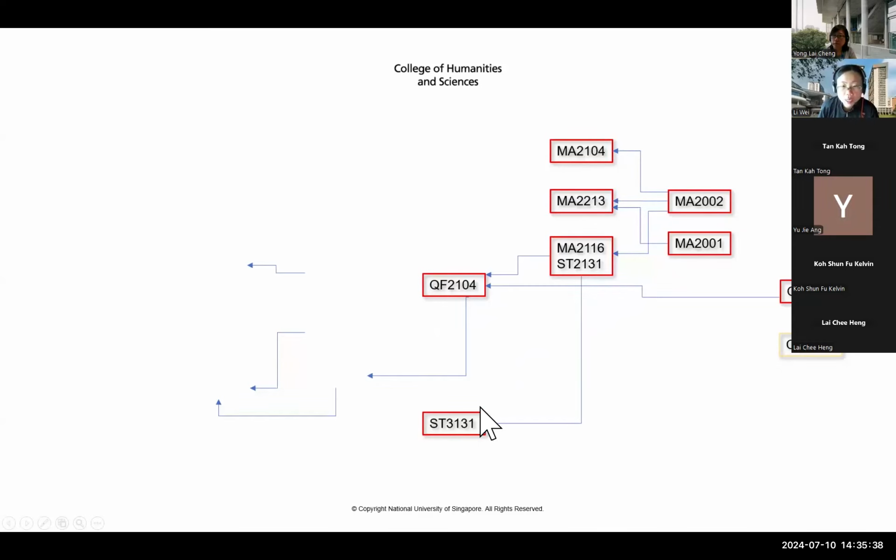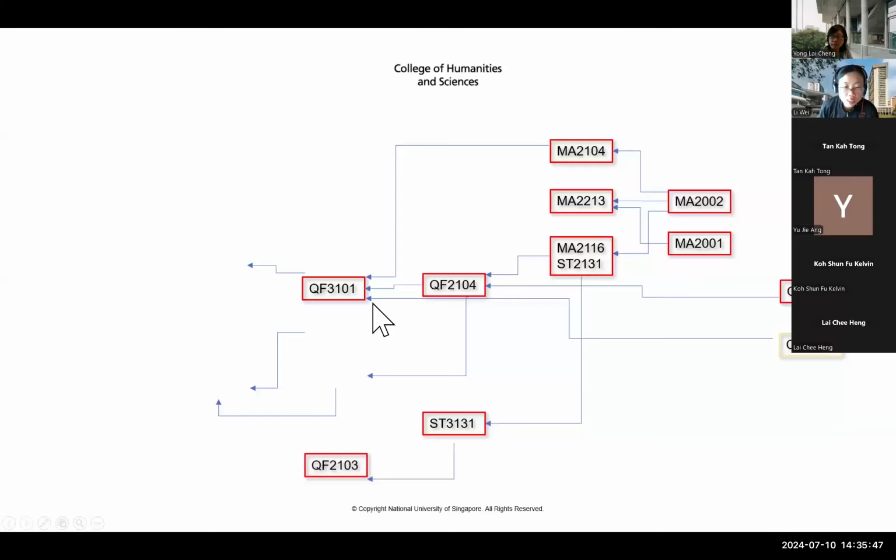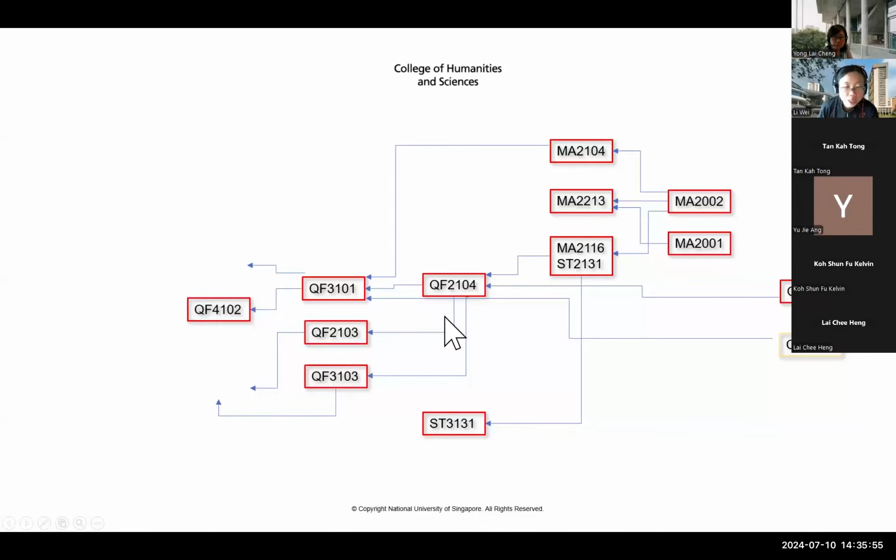You have the prerequisite, and then after these 3 courses, you can read QF 3101. And after QF 3104, you can read QF 2103, sorry, 2103. After QF 2104, you can read QF 3103, and after QF 3101, you can read QF 4102.